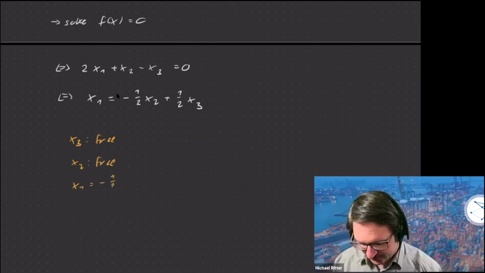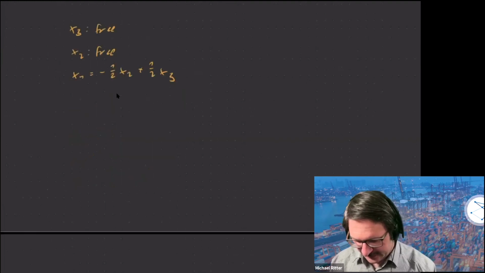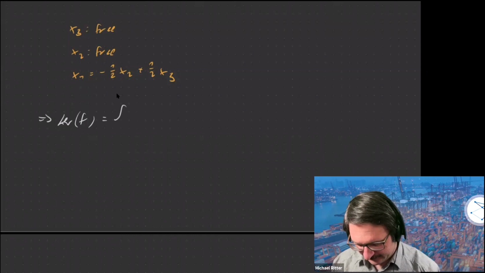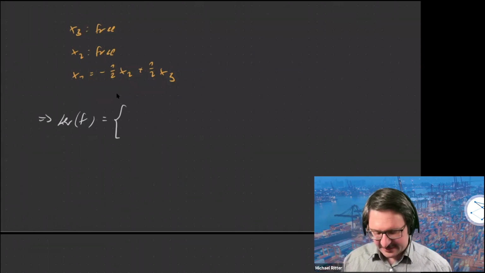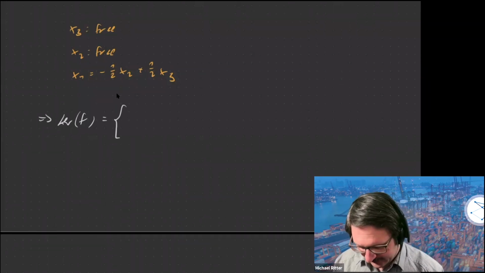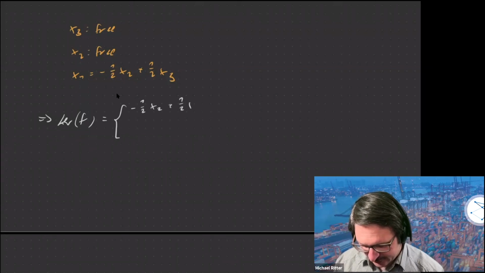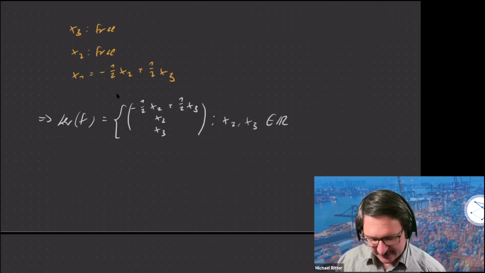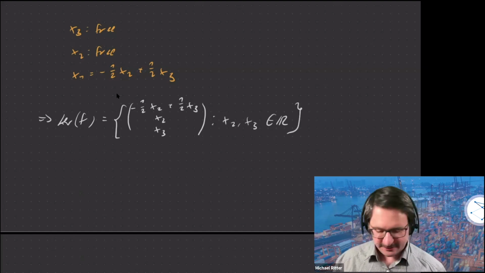That is minus 1 over 2 x2 plus 1 over 2 x3. And that means the kernel of f is the set of all vectors of the form minus 1 over 2 x2 plus 1 over 2 x3, and x2 and x3 for the second and third entry. And those x2, x3 are free variables, so those may take on any value in the reals.